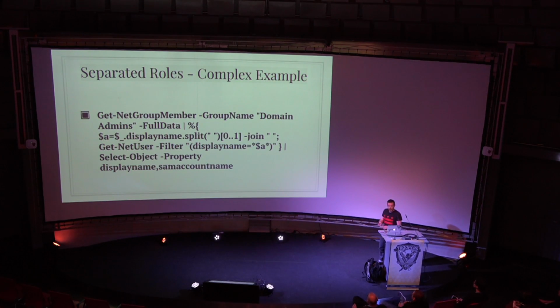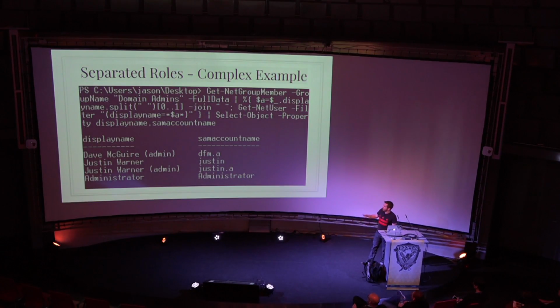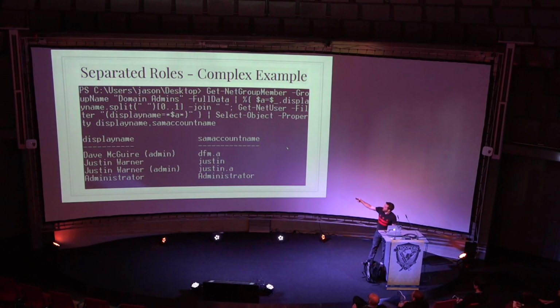Or it might be location. We've seen stuff where they have their desk number written in or something like that. So it's customized per environment, but it's usually not too hard to find. This particular example, this is what the output will look like. Get-NetGroupMember, and you can see, OK, this Dave McGuire admin, Justin Warner admin. And you can see this is the pattern they're using for administrative accounts, which is this .a.